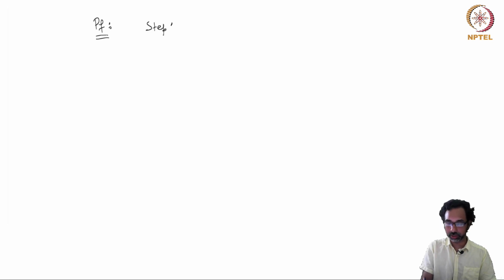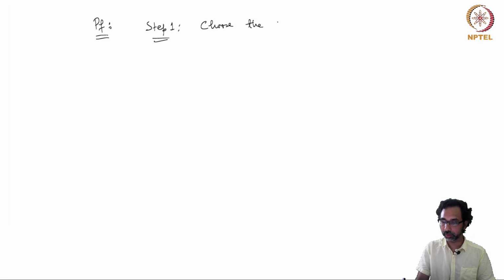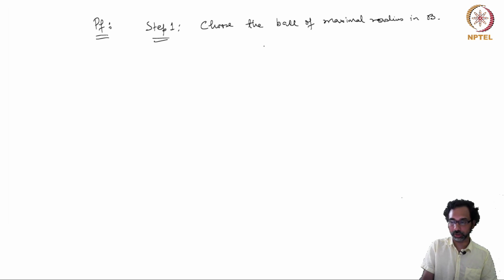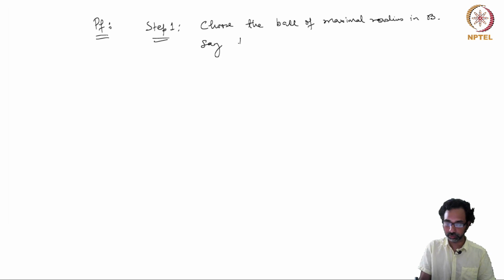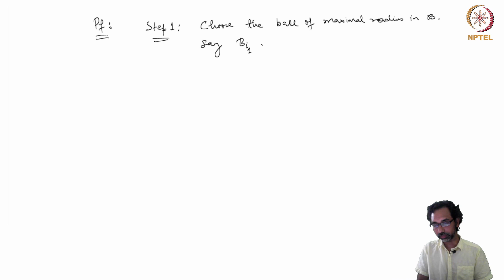So step 1: choose the ball of maximal radius among this collection B, say B_i1.